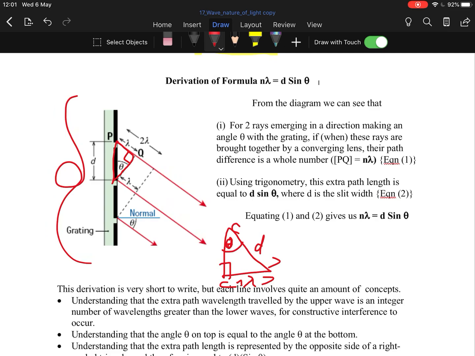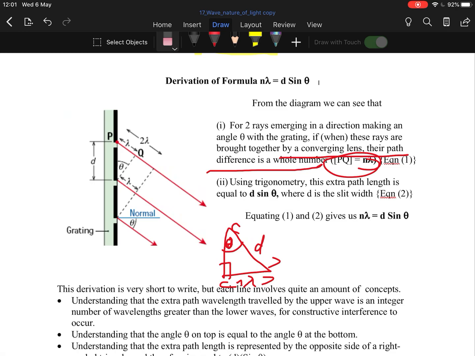So, for two rays entering at an angle with the grating, if they are brought together by a converging lens, their path difference is a whole number, n times lambda. So if you bring a converging lens up here, you get 2 lambda, that'll be 3 lambda, 4, 5, 6. If you keep doing that, the rays will meet at a whole number n times the wavelength.